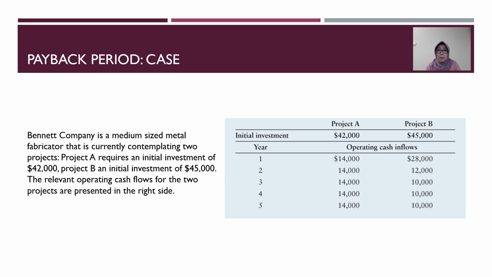In year 3, operating cash flow for Project A is $14,000 and for Project B is $10,000. In year 4, Project A has $14,000 and Project B has $10,000. And in year 5, Project A has operating cash inflow of $14,000 and Project B has $10,000.